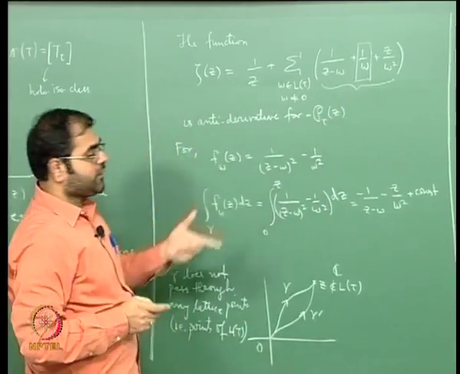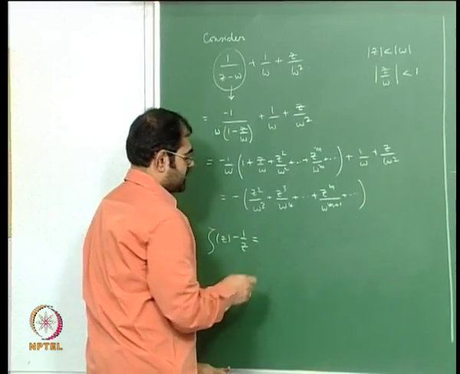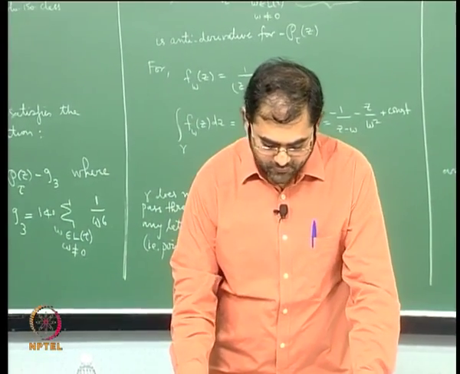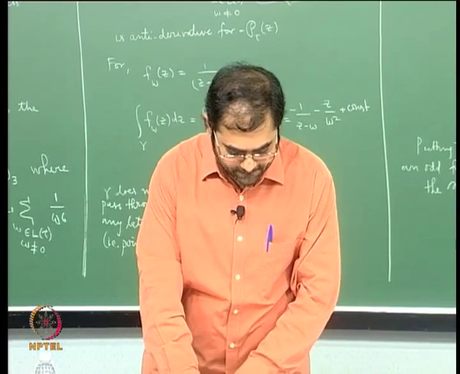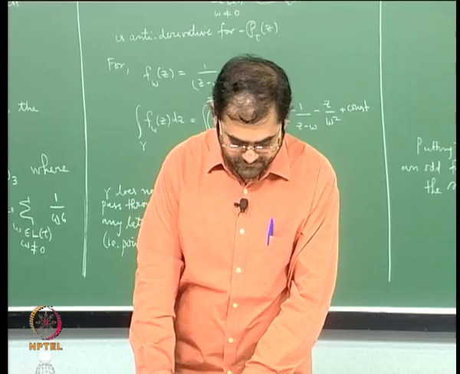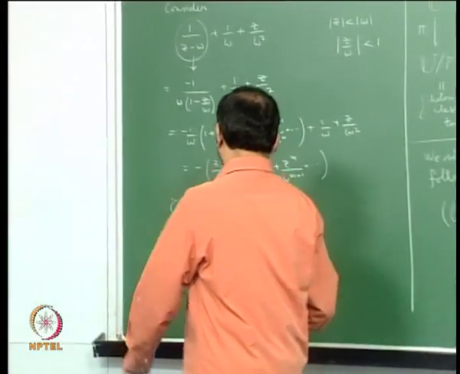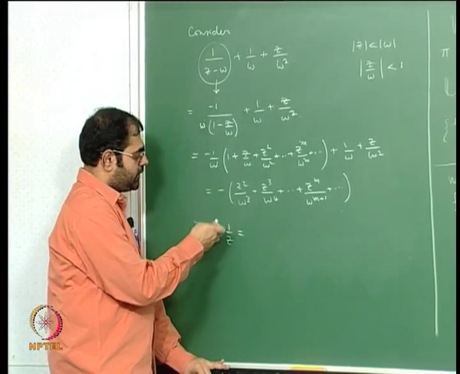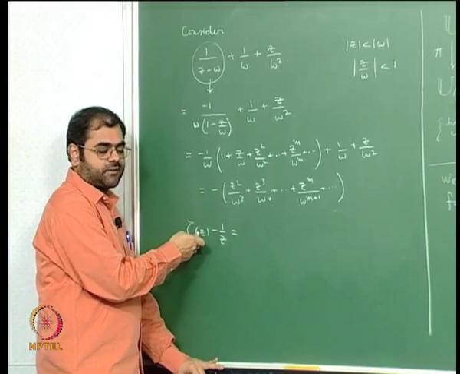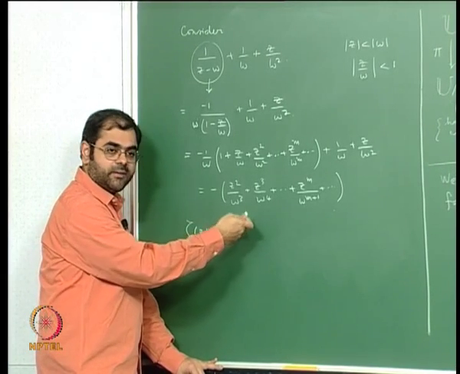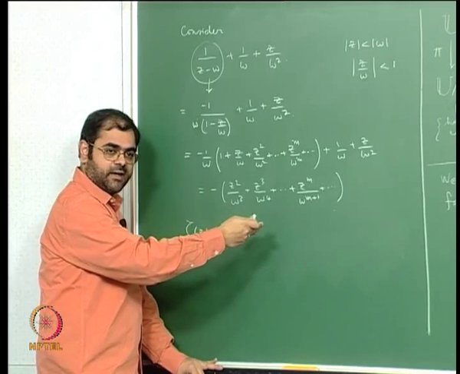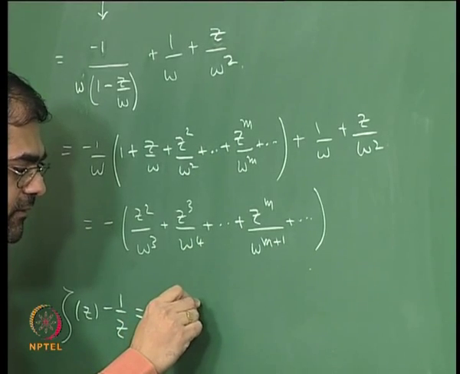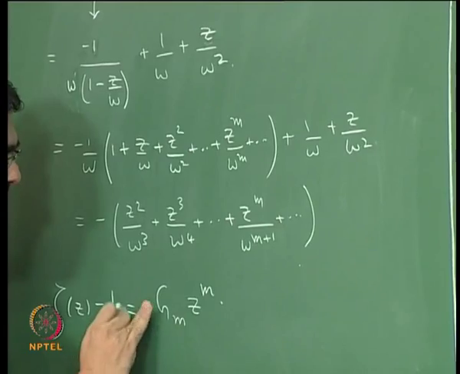So what you can do is write this difference, so that I do not make a mistake in signs, let me look at what I have written down. Remember 1 by z is the singular part of the Laurent expansion at the origin, therefore this difference is going to be an analytic function, so it is going to be given by a power series, and I am just going to write it as minus g_m z power m, and of course I will have to put a summation.